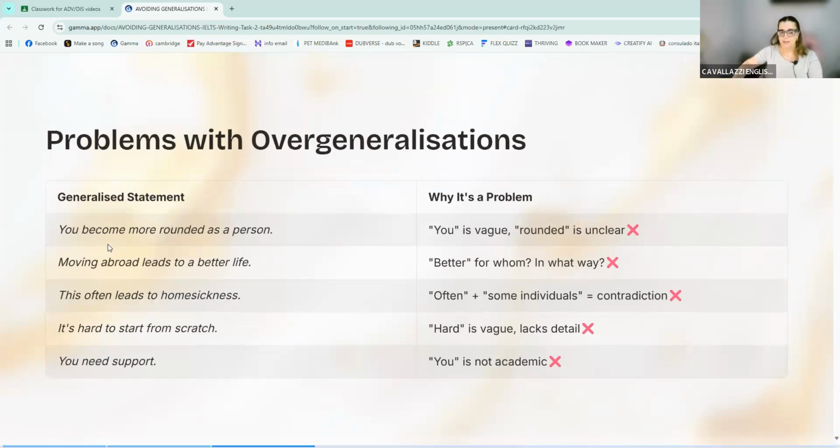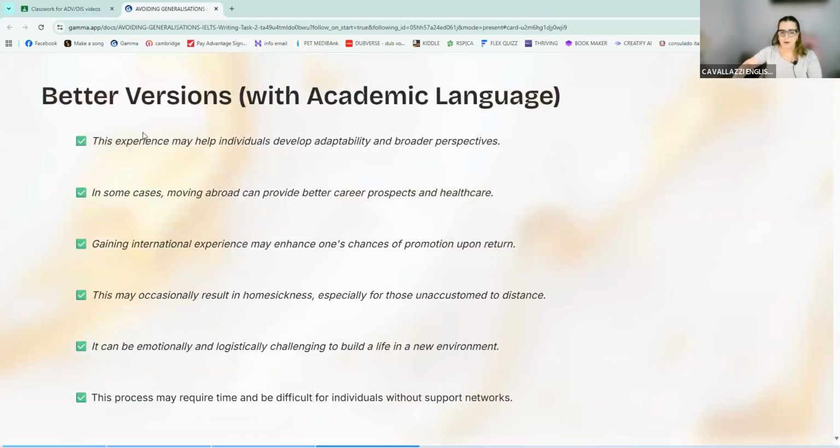And here, for instance, you become more rounded as a person. Using you isn't appropriate, it's too vague. Rounded isn't clear. So here, there are some different versions that I will be putting up on the website for you. These PDF files will be available there on the website, so you can check them out whenever you want, and there really won't be any problem at all.